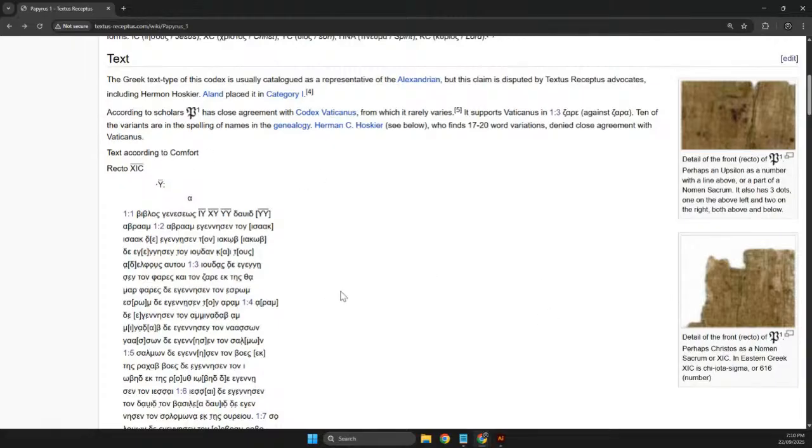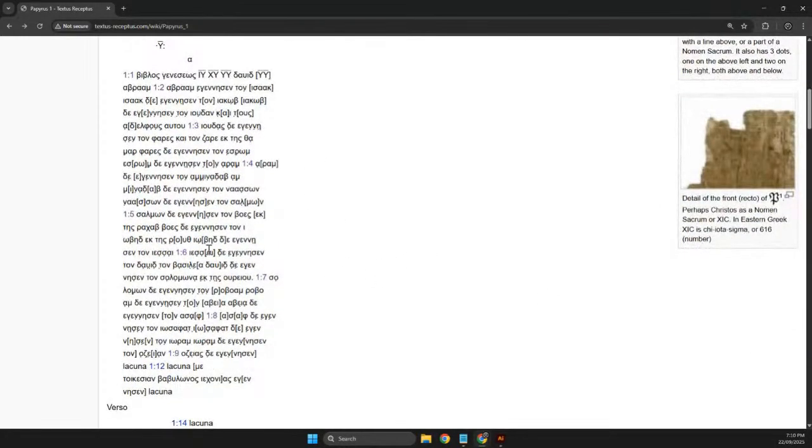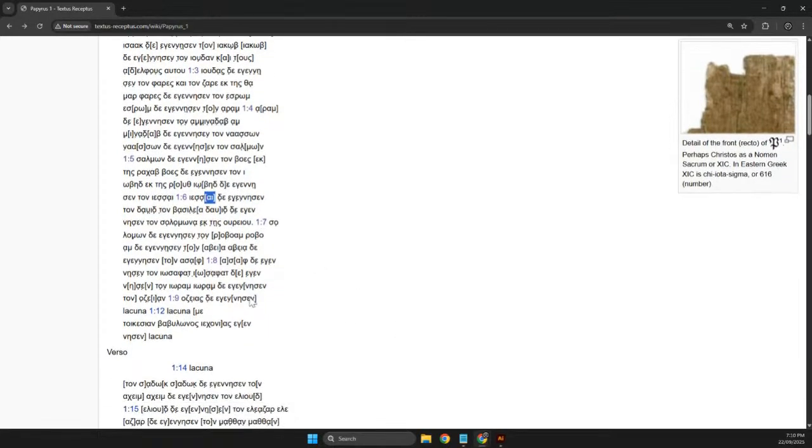When Comfort looked at it, it had faded a little bit, because I can see here there are some more brackets that weren't in what we were reading. Like definitely when it had Asaph here, there was only just one bracket around the phi there, but now we've got two alphas bracketed as well. So very interesting.